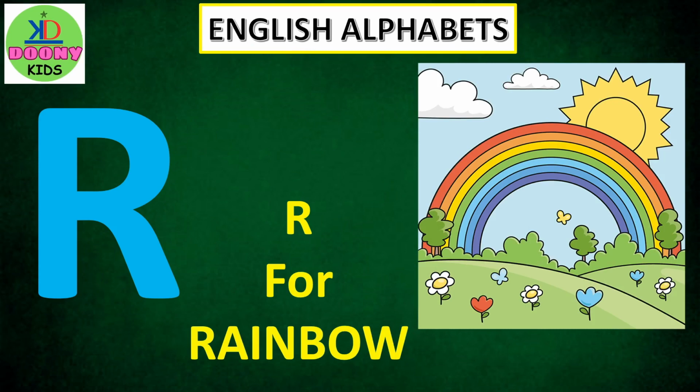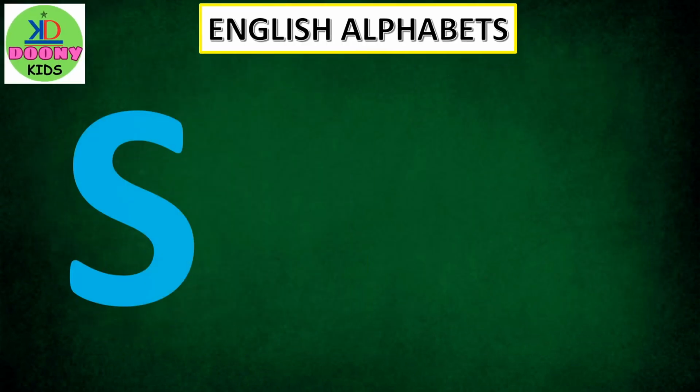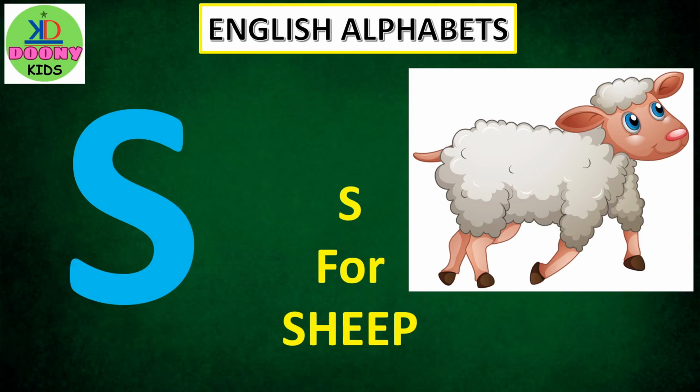R. R for rainbow. R-A-I-N-B-O-W. Rainbow. S. S for sheep. S-H-E-E-P. Sheep.